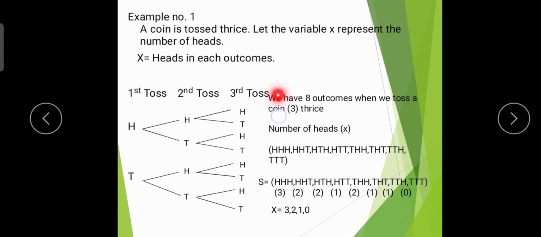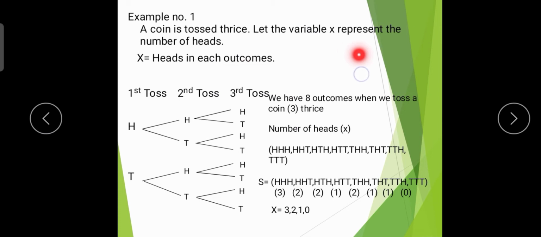Sa third toss, pwede ulit lumabas ng dalawang possible outcome. Pwede siyang maging head or tail, head or tail, and so on. So, we have 8 outcomes when we toss a coin thrice. 1, 2, 3, 4, 5, 6, 7, 8.